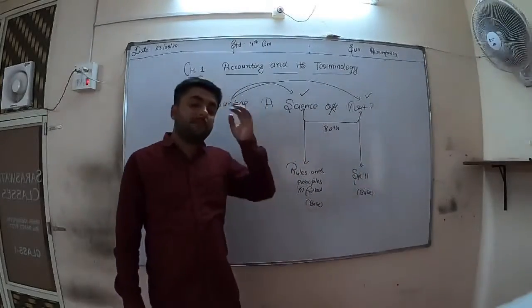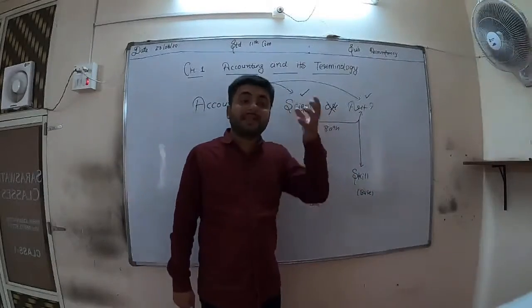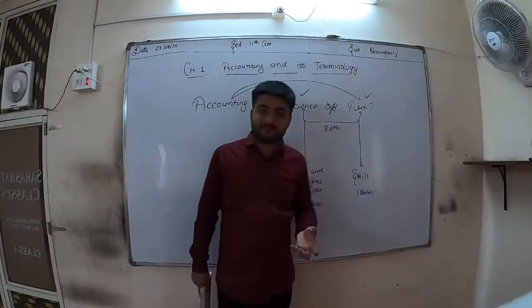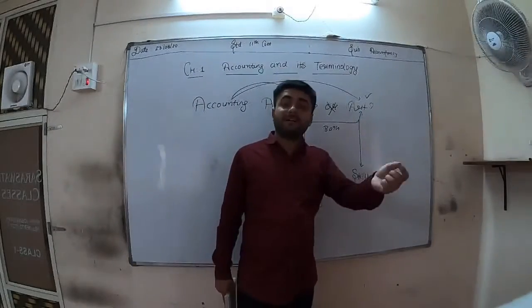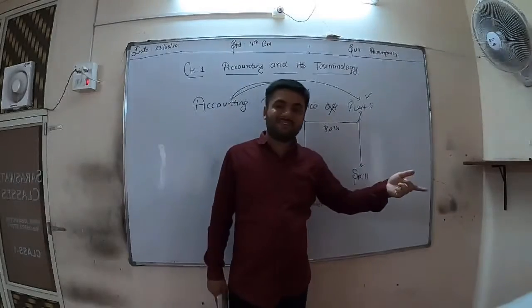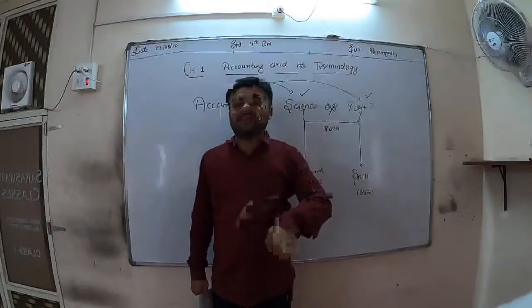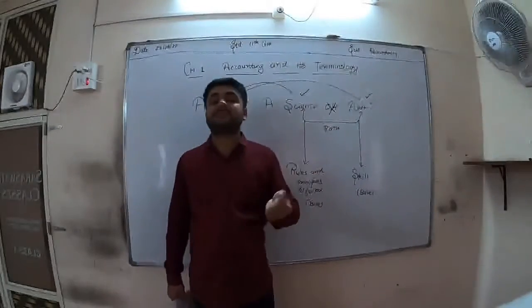This topic is for your understanding that accounting has such types of characteristics. Now what do you mean by characteristics? When we were learning objectives yesterday, I said objectives means goals. Now today we are talking about characteristics. So what do you mean by characteristics?